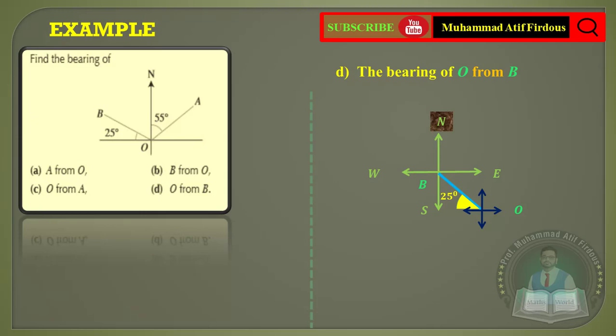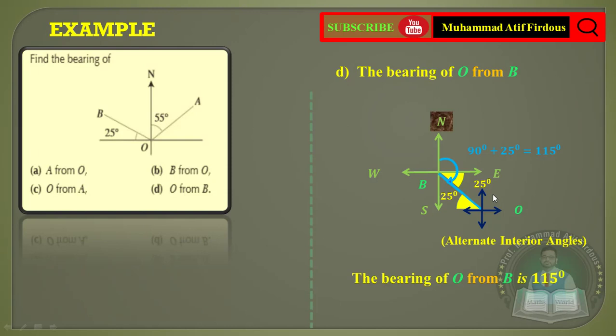Now use alternate interior angles again. This is your angle 25, and you have to find the bearing always from the north line. That means you have to add 90 plus 25 degrees, which gives 115 degrees. So the bearing of O from B is 115 degrees.